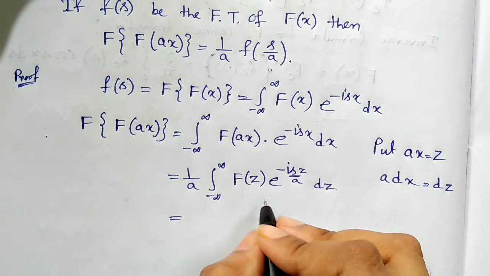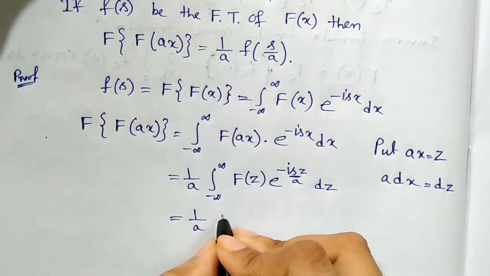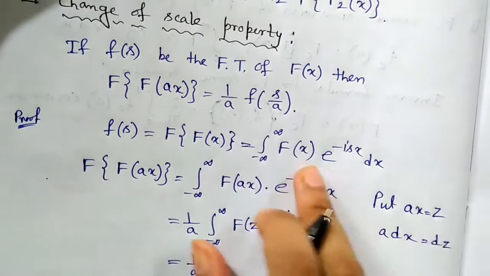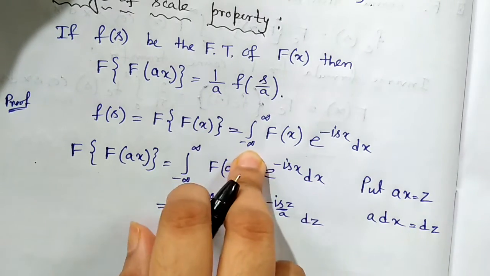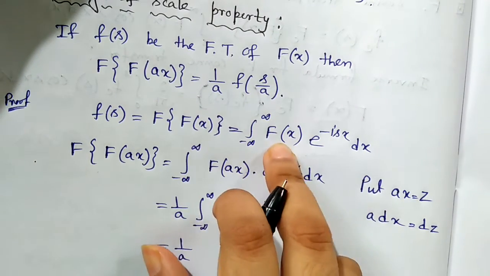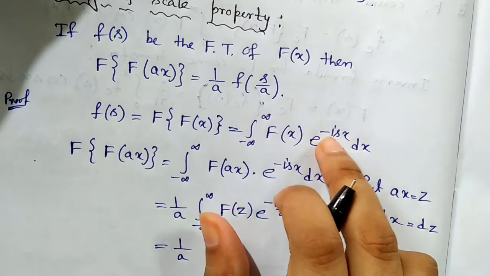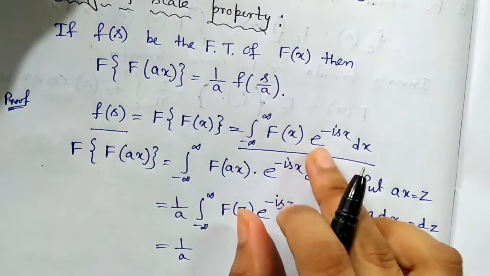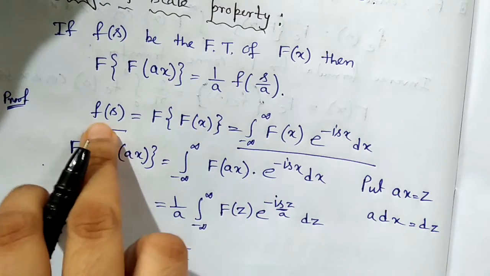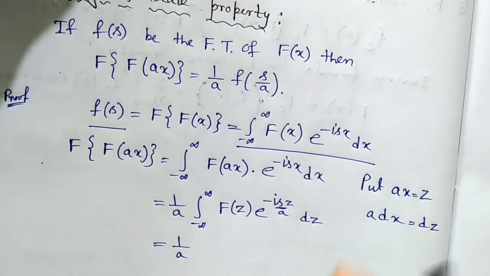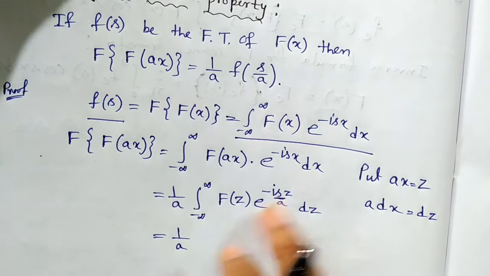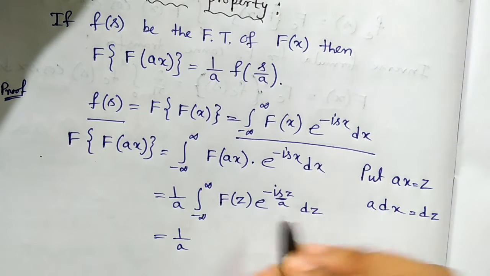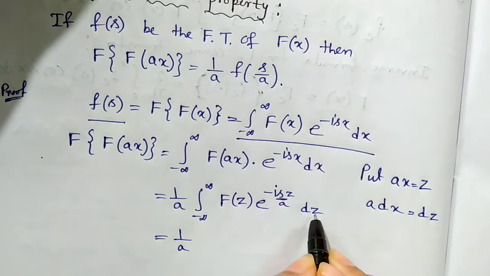So we get this. Now see, the integral from minus infinity to infinity of F(x) e to the power minus isx dx is equal to F(s), and here the same, the integral of F(z) e to the power minus i (s by a) z dz.